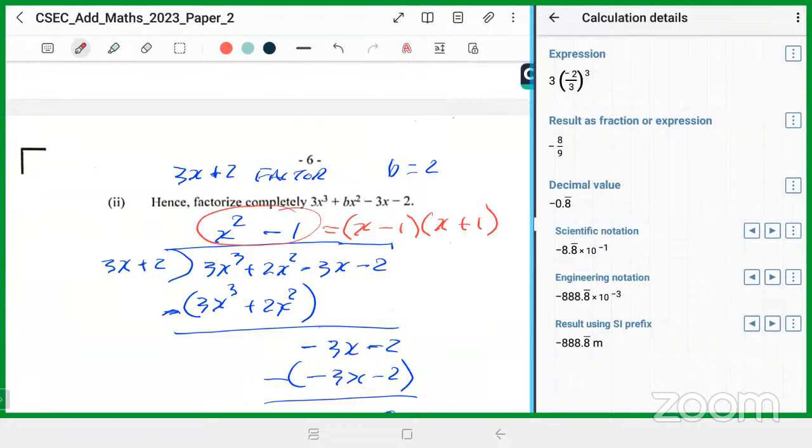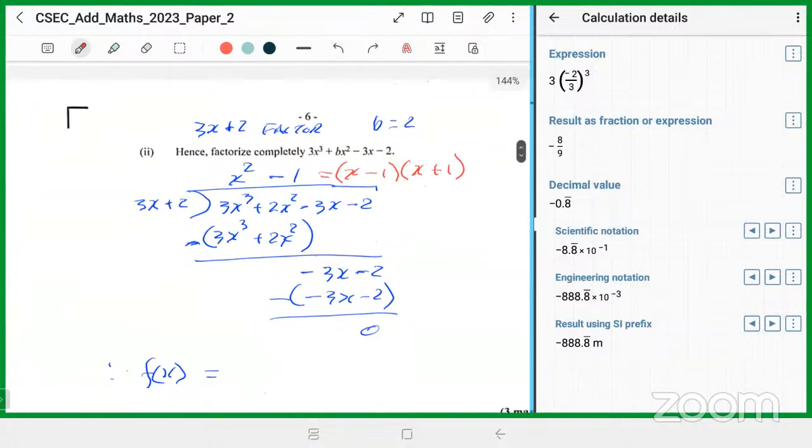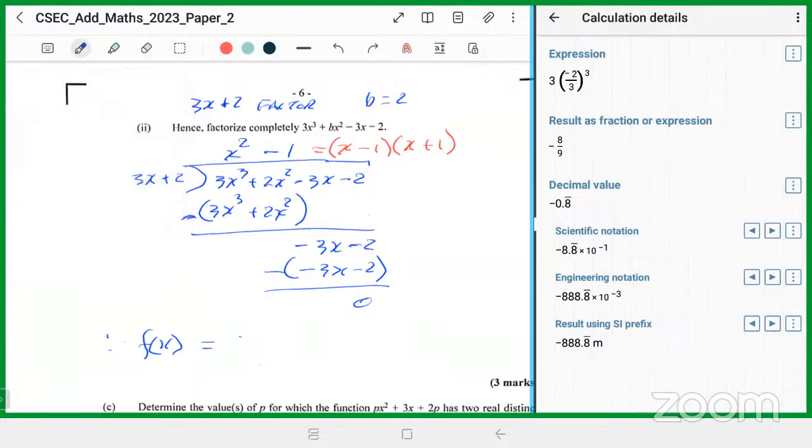And so my f of x is the product of these three factors, factorized completely. So my answer is f of x equals 3x plus 2 times x minus 1 times x plus 1. And this is my answer right here.